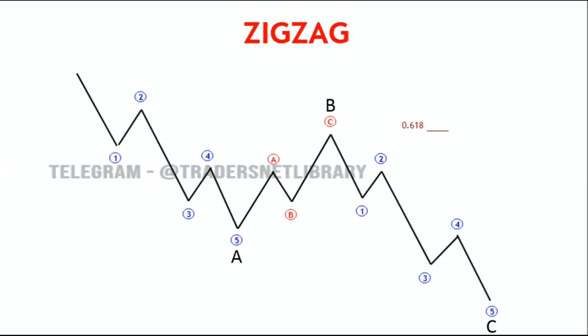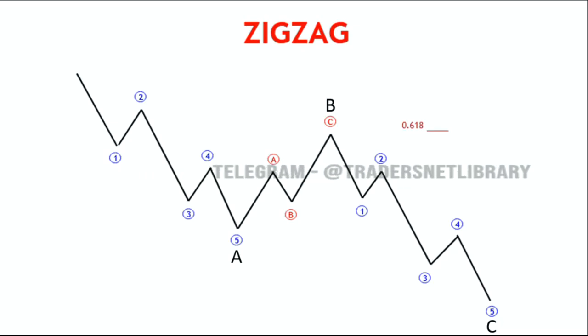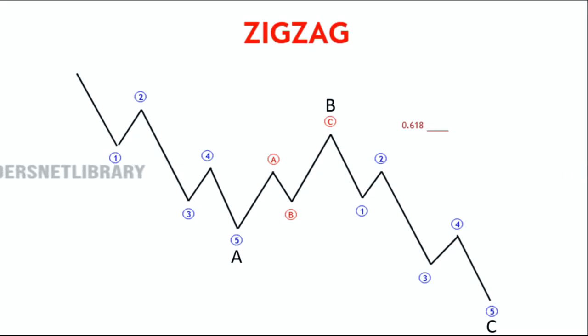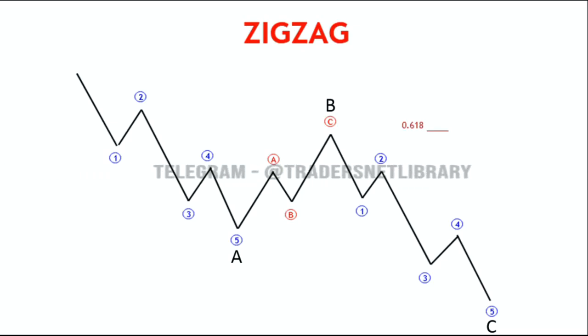As mentioned, wave B cannot be in the form of a running flat pattern. This means that the end of wave B must enter the end of wave A. Usually, according to the common styles of Elliott wave theory, such as the Miner, Preacher, and Neely approaches, in the case of a zigzag pattern, wave B cannot correct wave A more than 61.8.